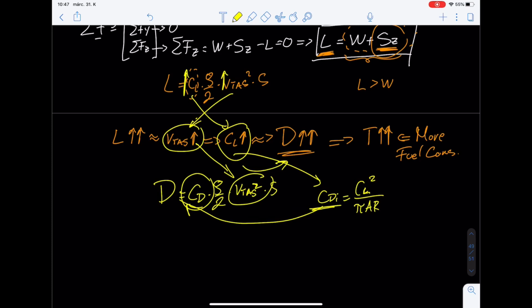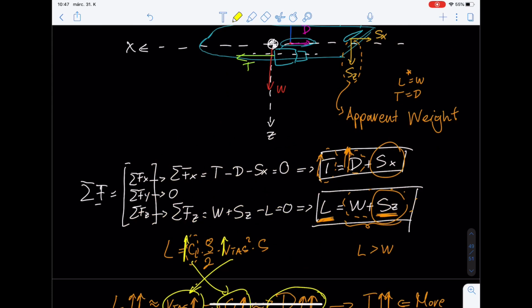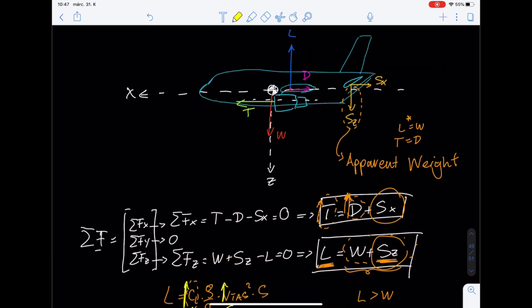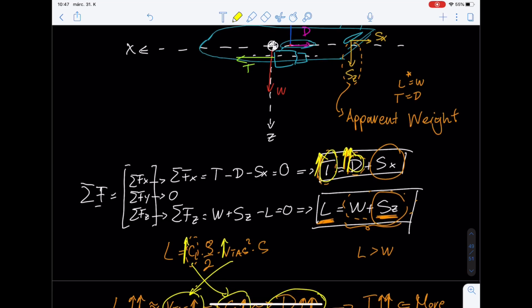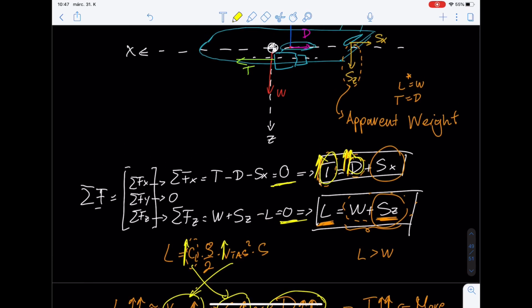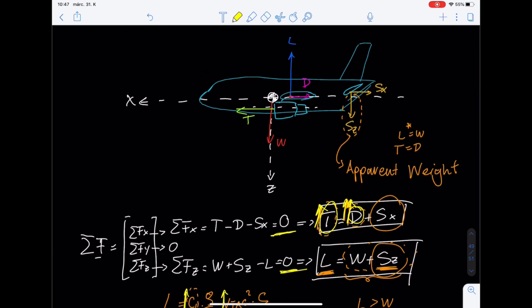So you're generating more drag, and you're also going to need more thrust to compensate for it, because this whole thing has to equal 0. And this is the final verdict in this case.